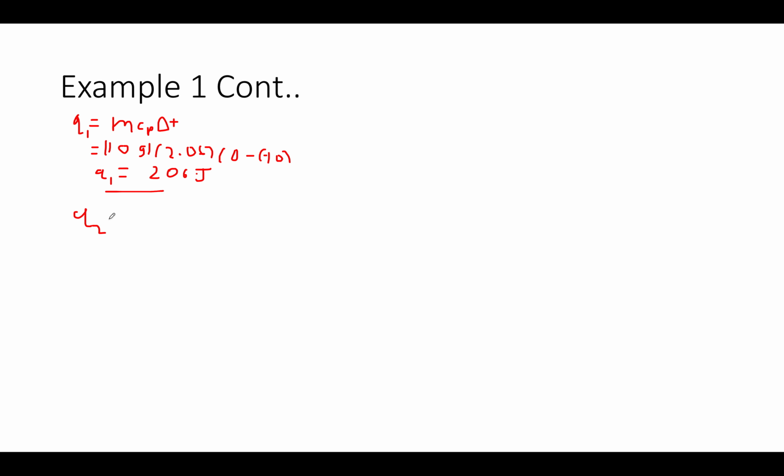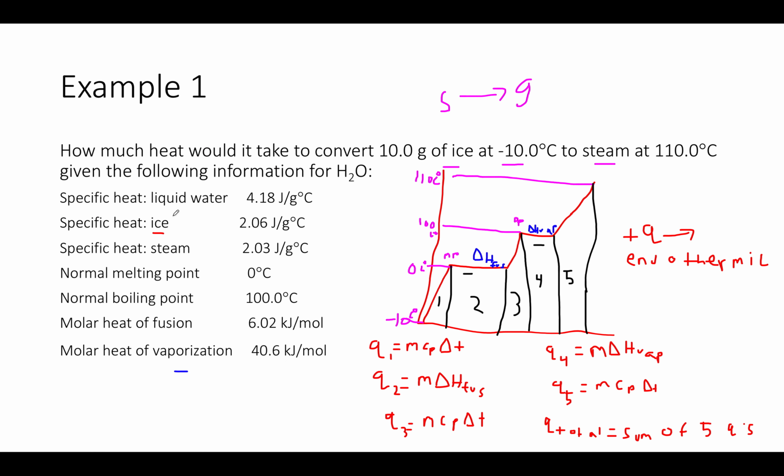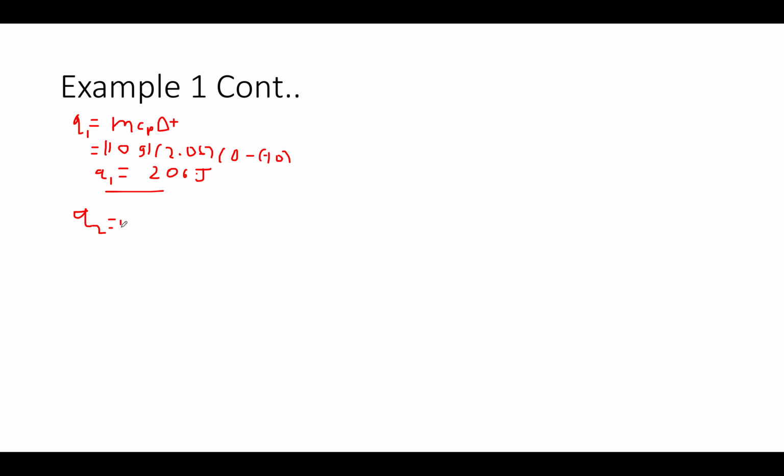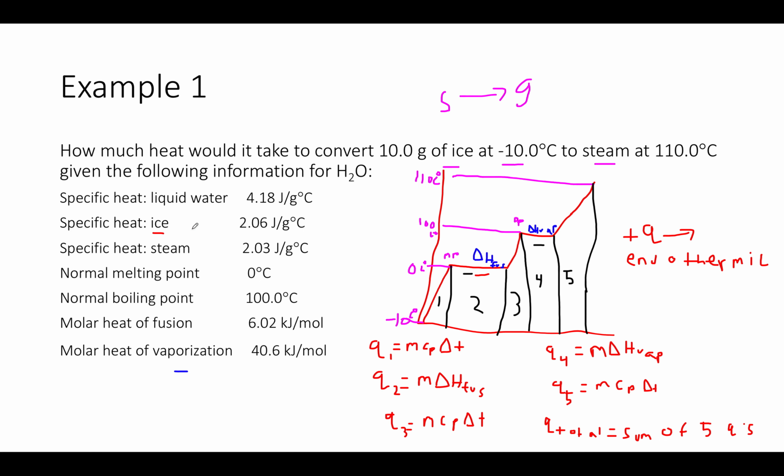Q2. Oh, remember, this is the heat of fusion. Whoops, this is the heat of fusion. We are in between a solid and a liquid. So it's the mass of ice times the heat of fusion. What is the heat of fusion?